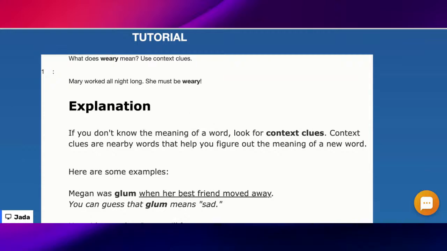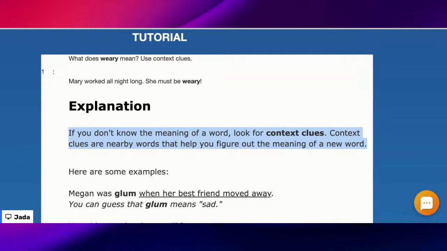If you do not know the meaning of a word, you have to look for the context clue. When we say context clue, we just mean nearby words that help you figure out the meaning of a new word. There are some hints that will help you understand the word better.